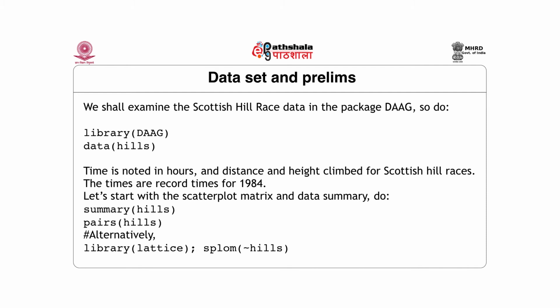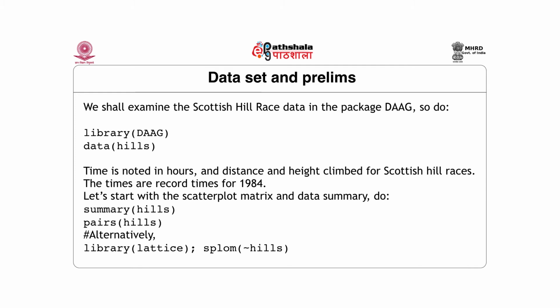So in that library, they had modified a very well-established data set put out by Brian Ripley and his colleagues, called Scottish Hill Races, and they call it hills, where the investigators were interested to find out the record times, distances and the height climbed by people who participated in Scottish Hill Races in the year 1984.